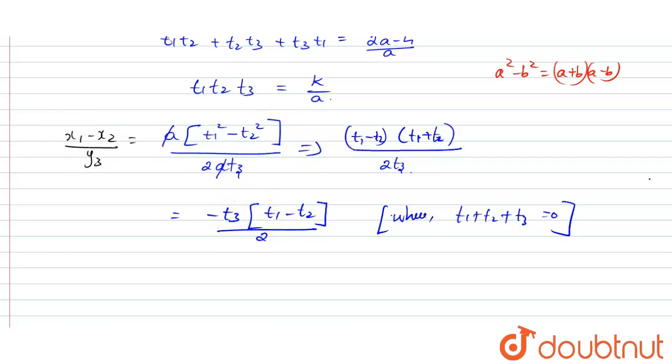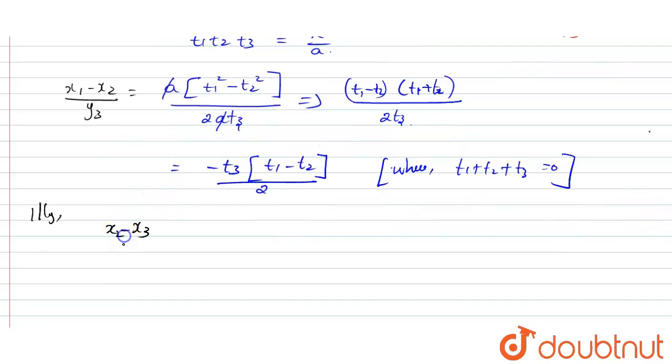Similarly, (x2 minus x3) divided by y1 equals minus t1 times (t2 minus t3) divided by 2.